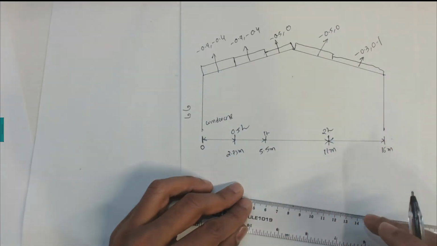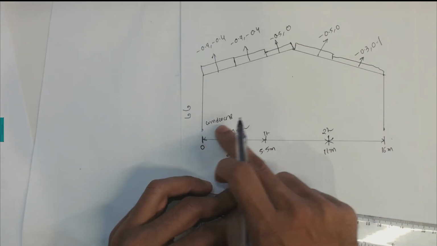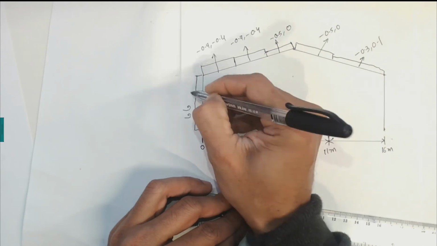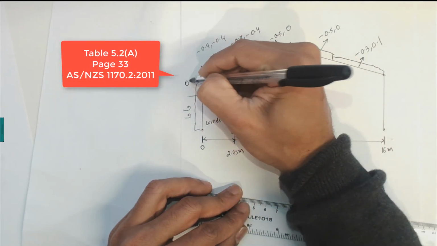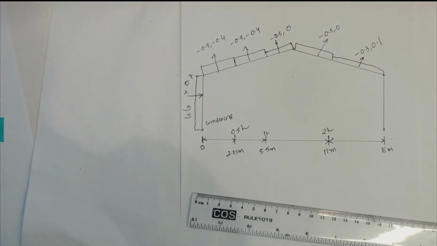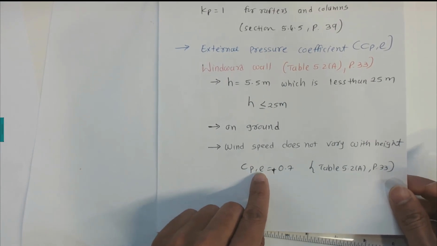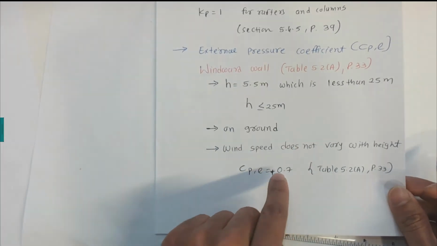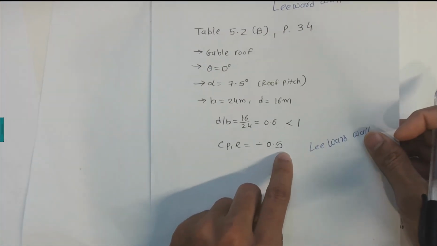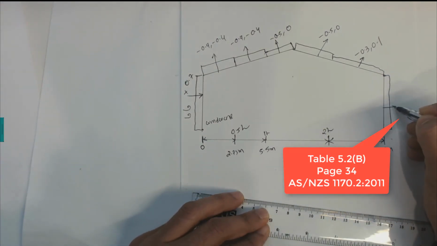We just divided the roof into different CPE values depending on the distance from the windward wall. Now we can also put the CPE value for the windward wall, which is positive 0.7. We previously calculated in the previous steps that the CPE value for the windward wall is positive 0.7, and we also calculated it for the leeward wall, which is minus 0.5.